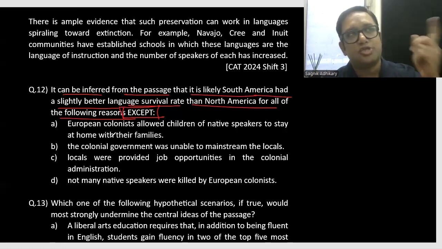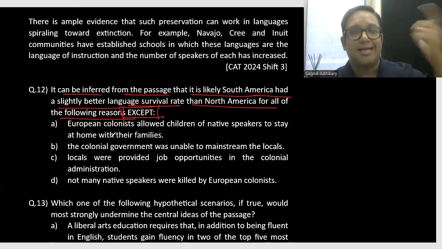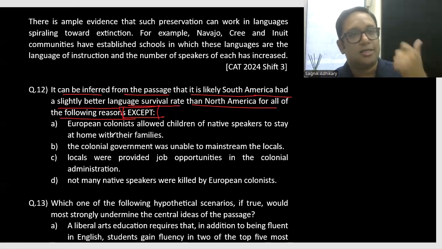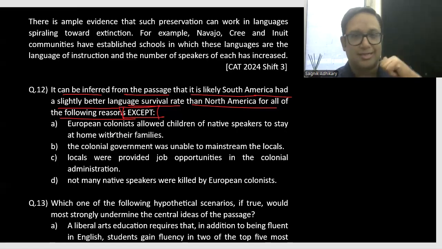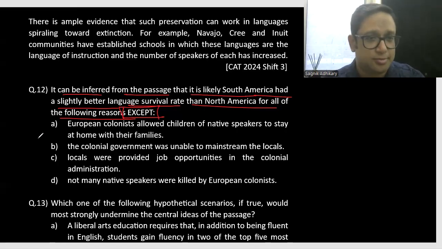We remember from the first two paragraphs, we were talking about reasons why languages go extinct. In the case of North America, the two things that have been mentioned are, one, the death of all the native speakers of a language. European colonization brought death and destruction to North America.